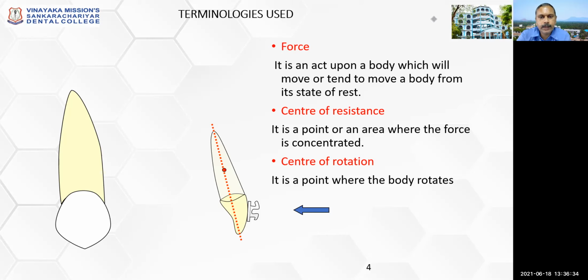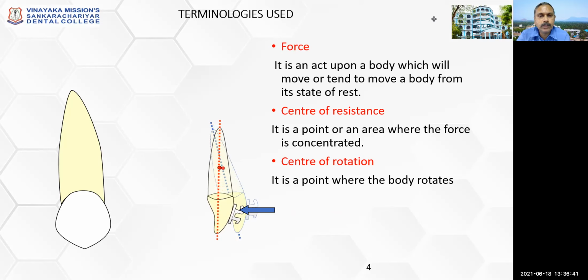Now you see this animation. When a force is applied, what happens? The tooth is moving. The force application is far away from the center of resistance. So the movement, what you see over there, is tipping, an uncontrolled tipping where the crown moves back and the root moves forward.